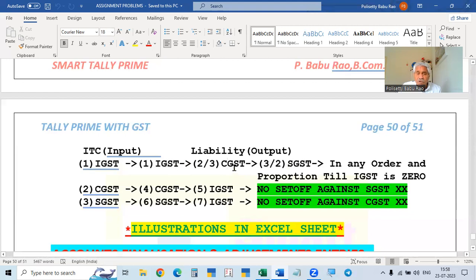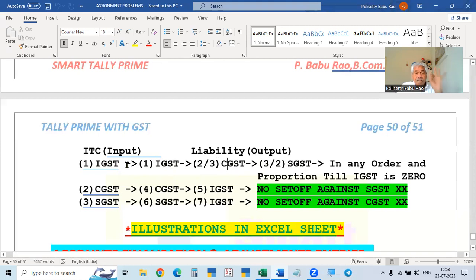So giving more amount to SGST and less to CGST, or more to CGST and less to SGST, any amount or any order. You can adjust the available IGST credit like that, and then it is to be made zero.